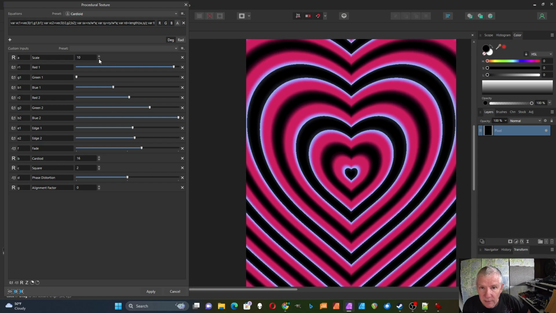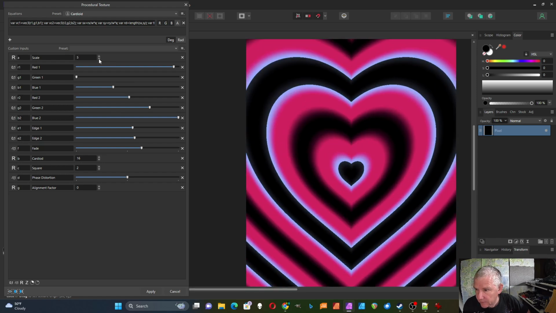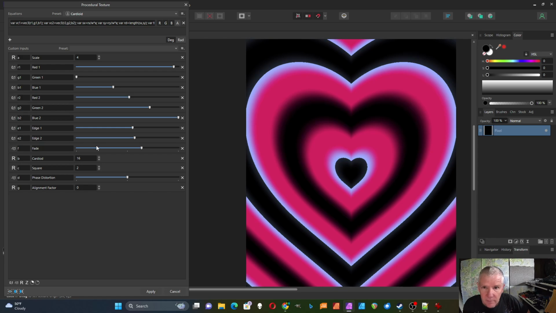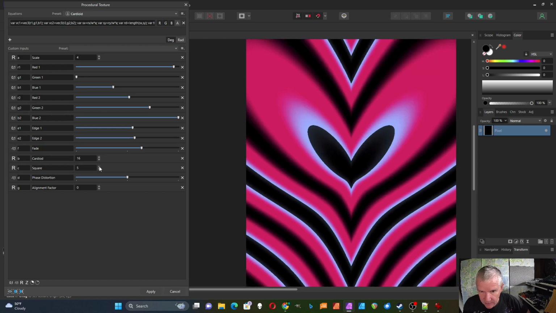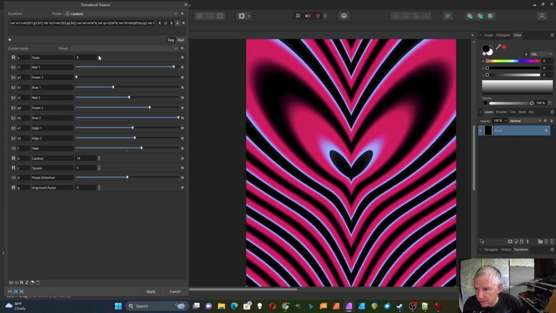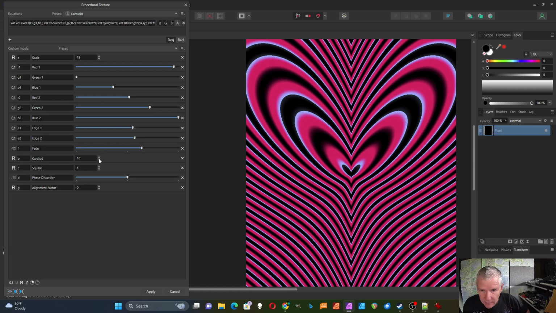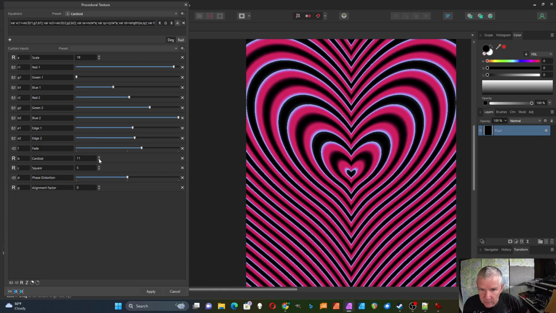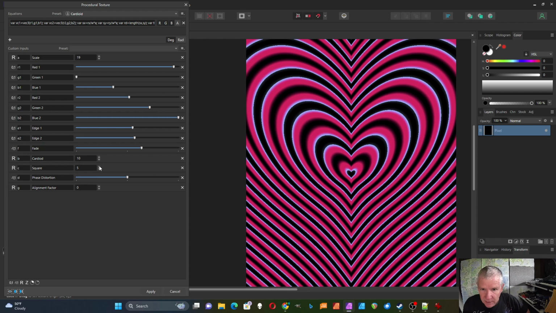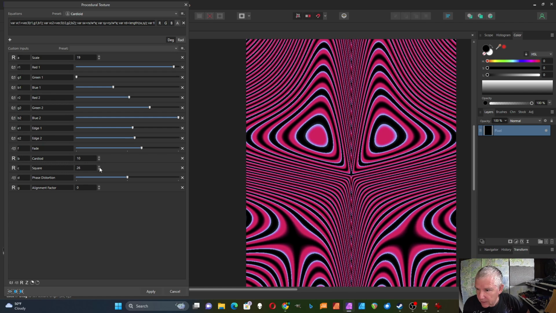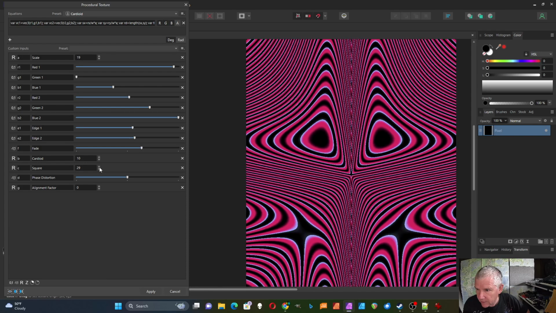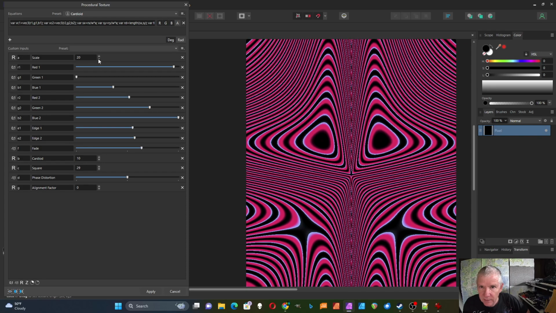And this one controls the scale, so you could zoom in, and I think that's it. Oh, this one, yeah, so this one sort of distorts it. So I'm going to zoom out a little bit, and let's see, I think if I distort this a lot, oh yeah, it'll start doing weird stuff like that. But I want to bring this one down.